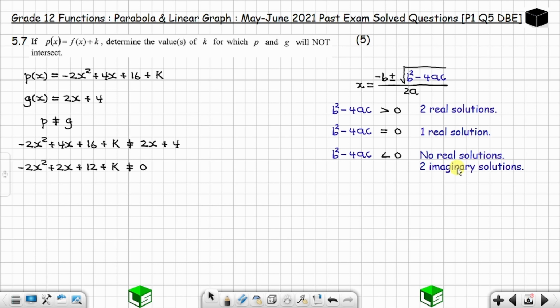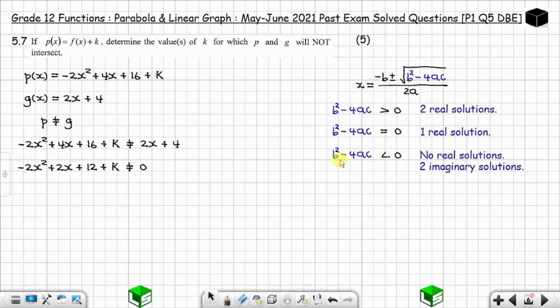I want you to keep in mind that when the discriminant is less than 0, there is no real solution. And when the discriminant is equal to 0, there is one real solution. When the discriminant is greater than 0, you have two real solutions.